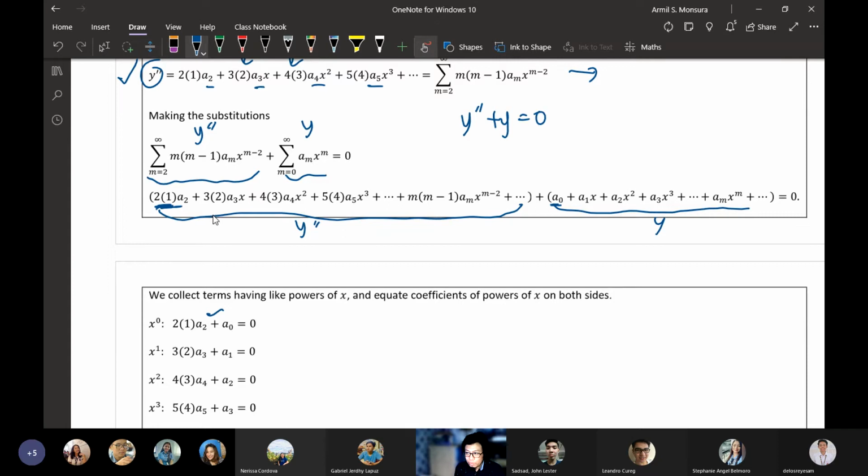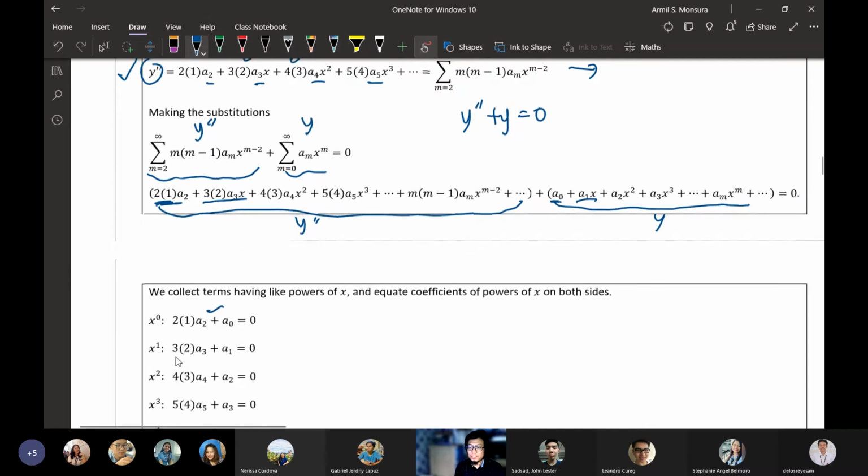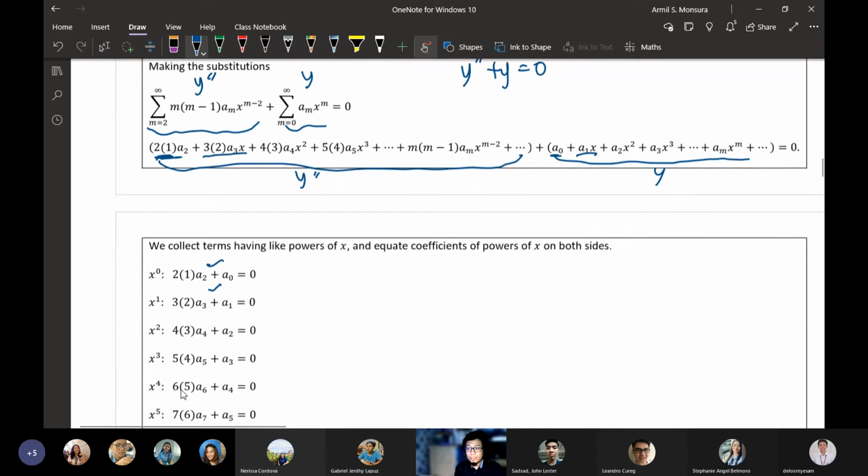Okay? Itong 3 times 2 times a3x at saka itong a1x pagsamahin natin. So that becomes 3 times 2 times a3 plus a1, times x. Okay? Yan yung x raised to 1. Okay, malinaw ba 'yon?